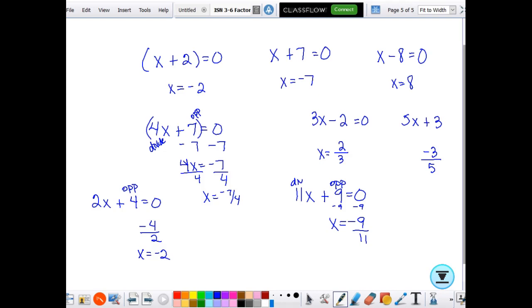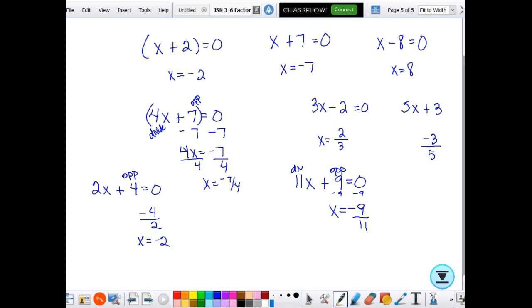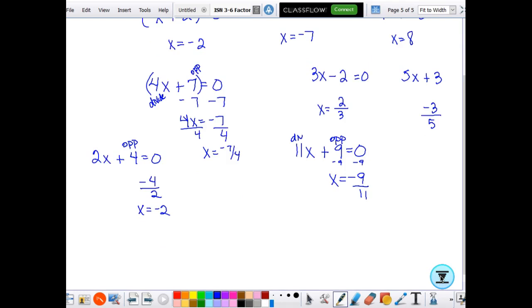Let me do another one, because once you get the pattern down, you're good. Let's say in one of your binomial factors you have x plus 2, and then you have, I don't know, 3x plus 7. Well, you know here x is going to be the opposite, -2.